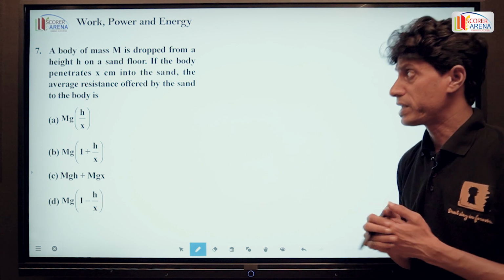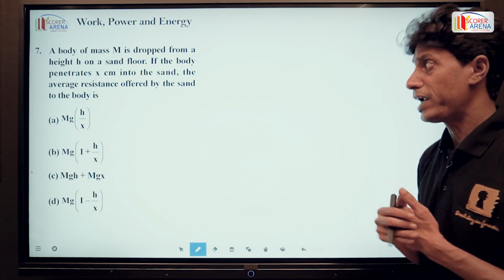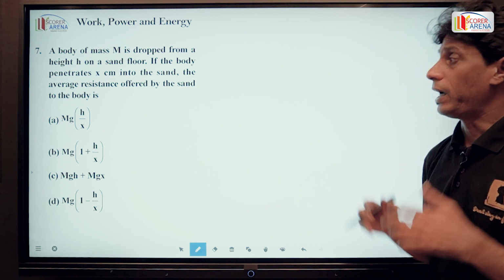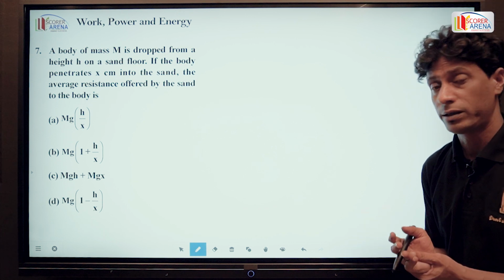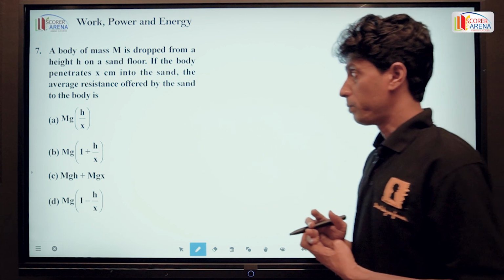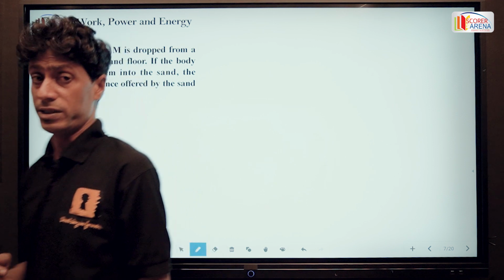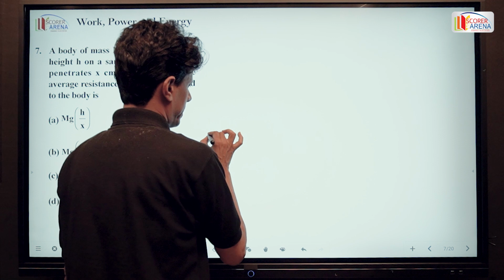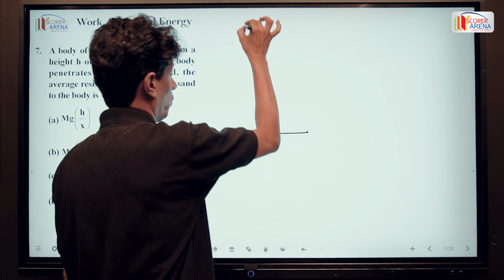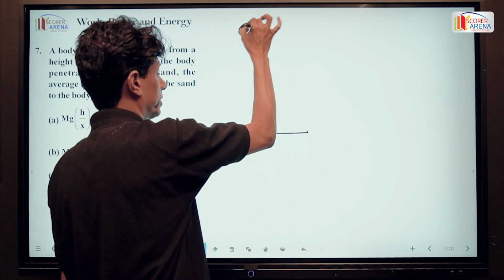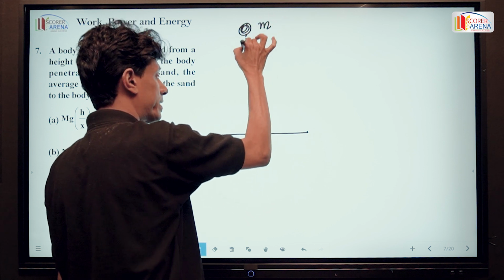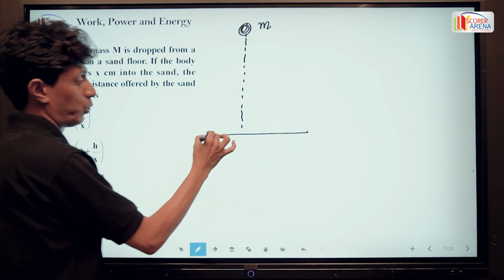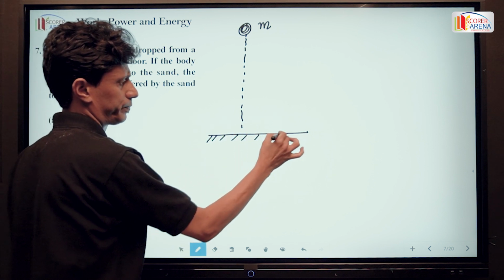Next question 7. A body of mass m is dropped from a height h on a sand floor. If the body penetrated x centimeter into the sand, the average resistance offered by the sand to the body is, let us say, one body of mass m is dropped from a height h on this floor.